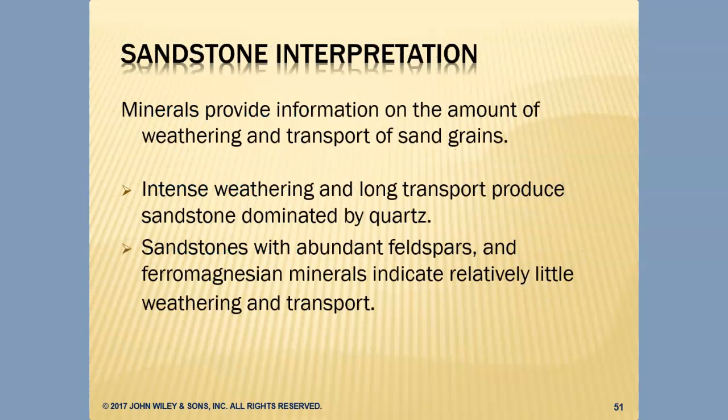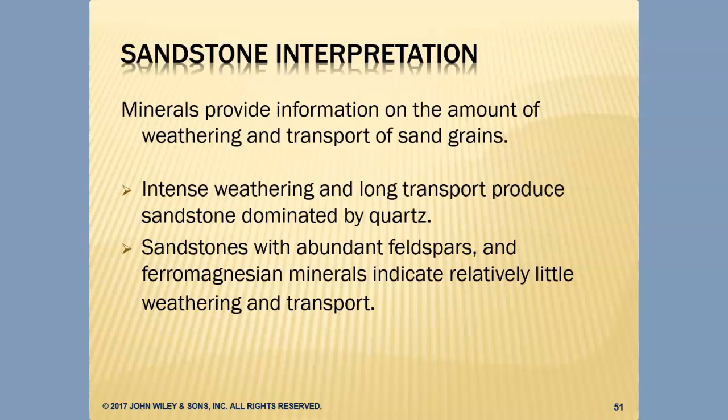The minerals that are found in the sands and the sandstone provide great information on weathering and erosion of the sand grains. If there is intense chemical and physical weathering and lots of erosion, meaning lots of transportation, this produces sandstones that are dominated by quartz, a very stable mineral at the Earth's surface.